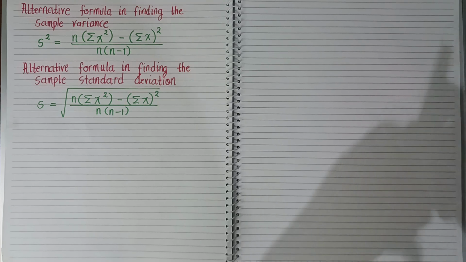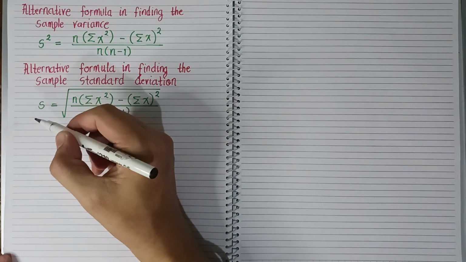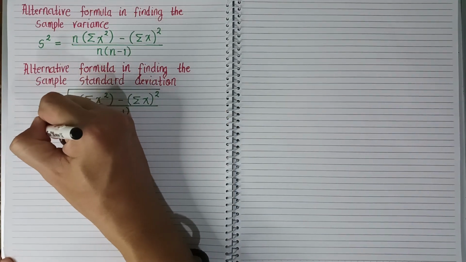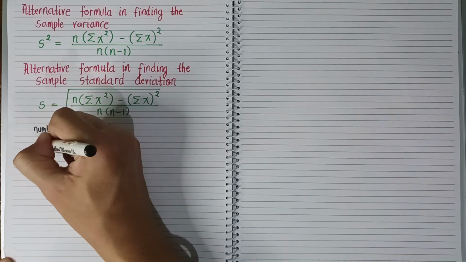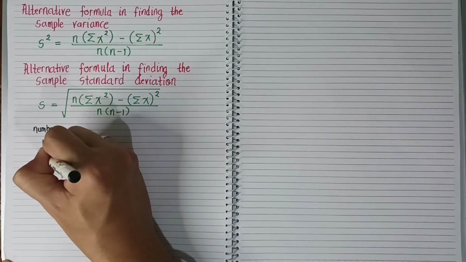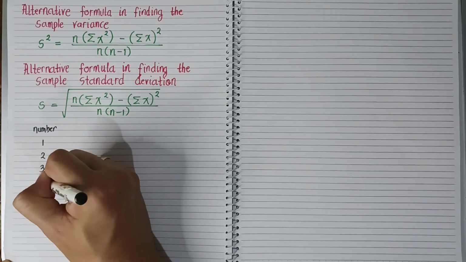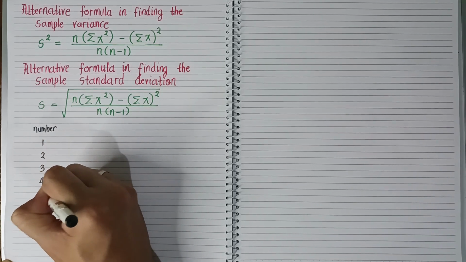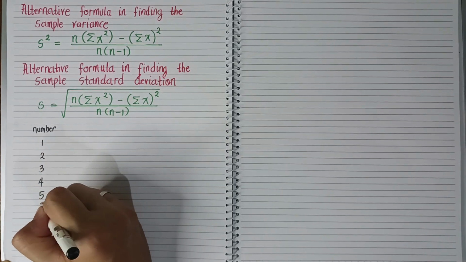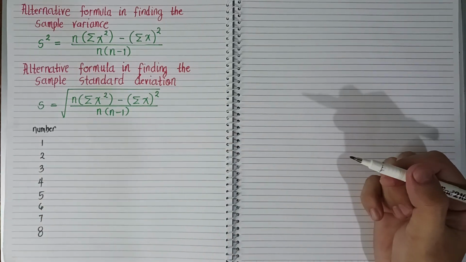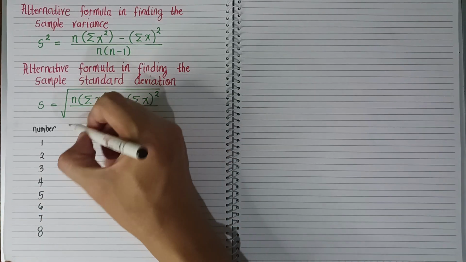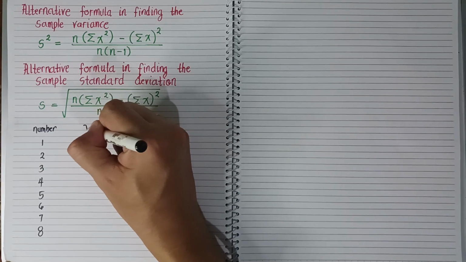So guys, dito ang gagawin nyo lang. Napaka-simple. So we have a number. So we have 1 to 8, right? 2, 3, 4, 5, 6, 7, and then 8. And then, we have x given data.